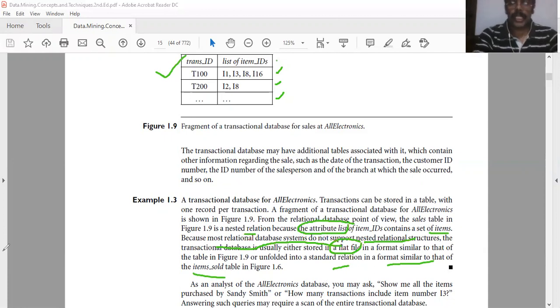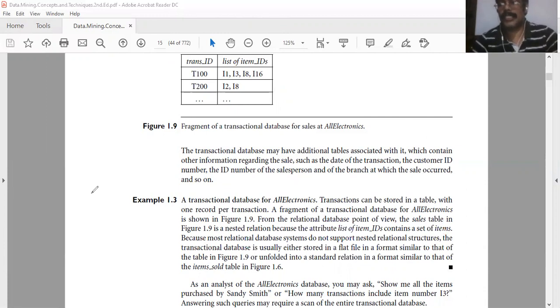So a transactional database is represented either in a flat file, where each row represents a particular transaction with at least two fields, first a unique transaction ID and second a list of items, or it is unfolded into a standard relation.